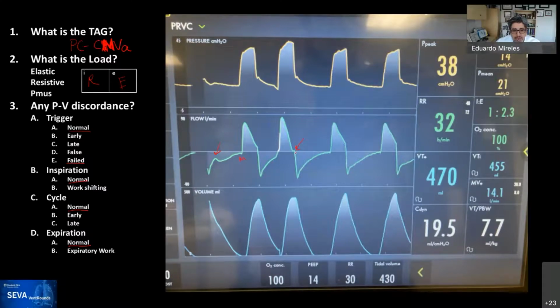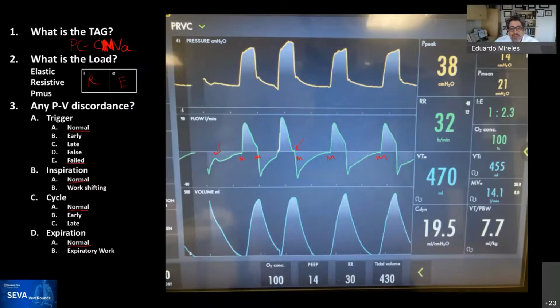And actually, this pause that you highlight here, Mohammed, is a telltale sign that this is cycled by the machine. So this becomes a mandatory breath. So every breath that you see in this sequence is mandatory, so it's continuous mandatory ventilation, CMV.